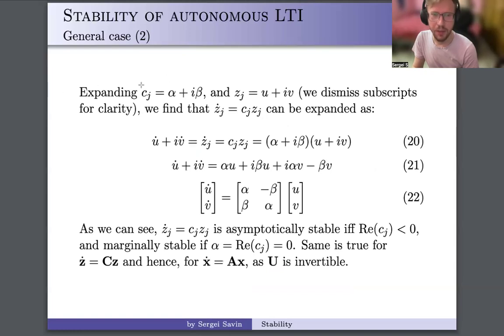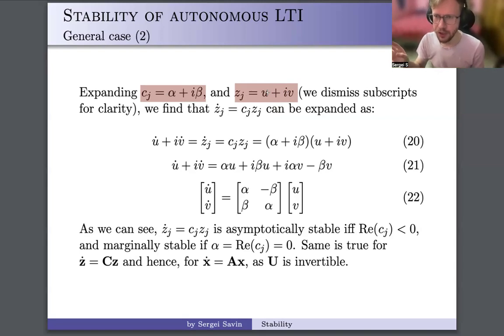Now let us expand those two values, C, again, this is a coefficient on the diagonal, and Z, that is our new variable. So C will be alpha plus i beta, Z would be u plus iv. I drop the subscript j just to avoid crowding the slide. All right.